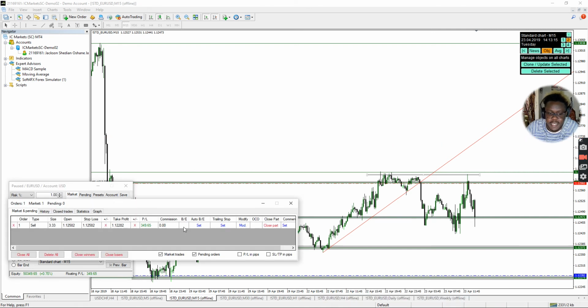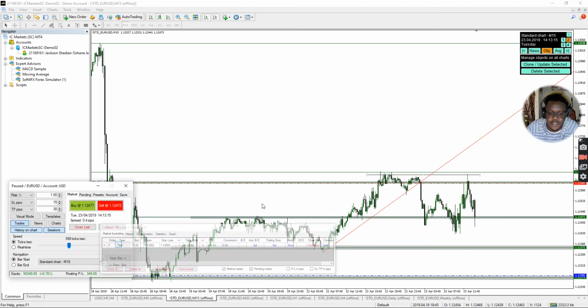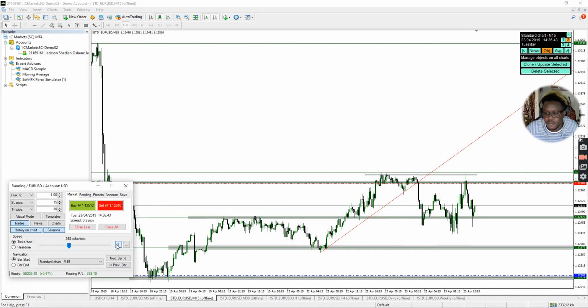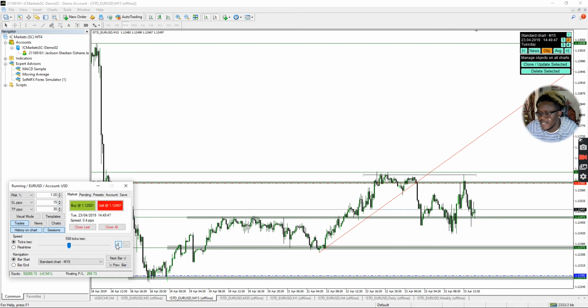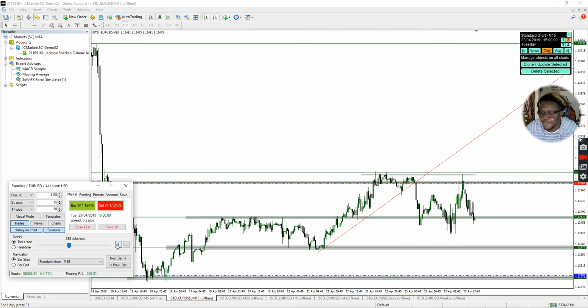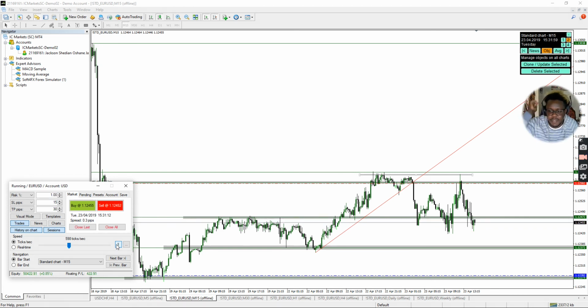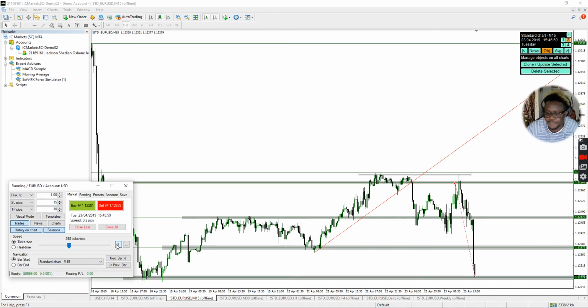All right, so break even is when you move your stop loss to entry, or you can move it into profit as well. I'm just gonna leave it to see how price actually forms. But this is a very effective trading strategy that I use for Euro USD and Euro GBP. Very effective. So at this point the trade is risk free.